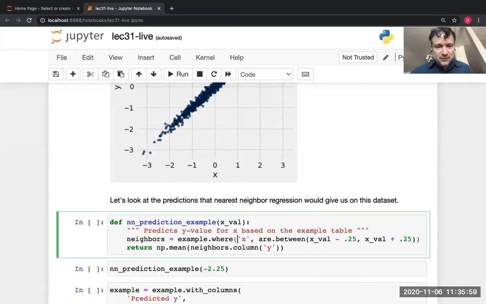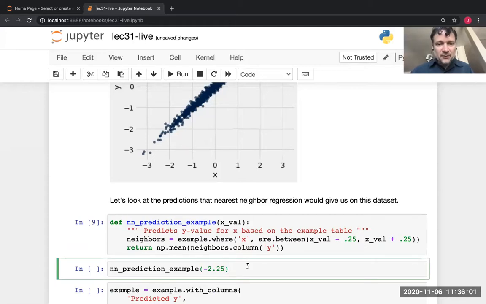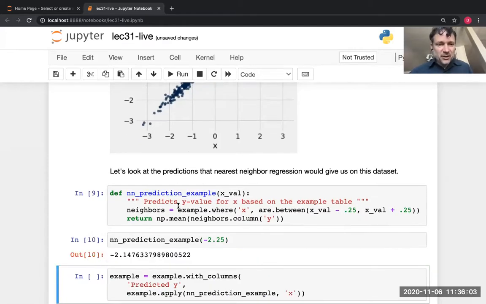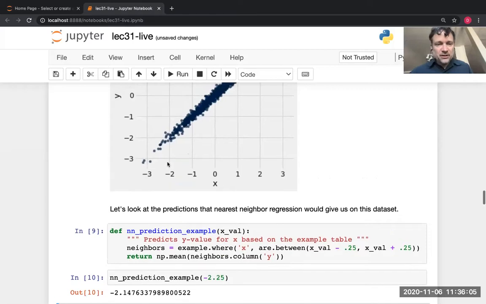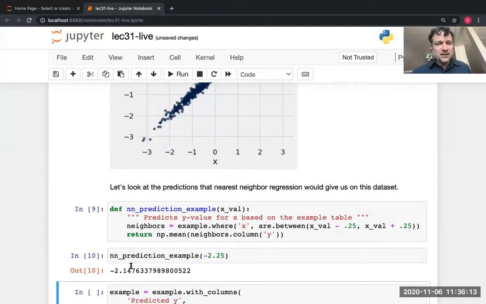That's what this code here is doing. For instance, if I wanted to make a prediction for x equals negative 2.25, you would expect a y value a little less than negative 2. And indeed, we find the predicted value for y is negative 2.14 using this nearest neighbor technique.